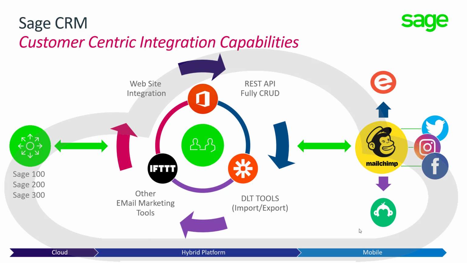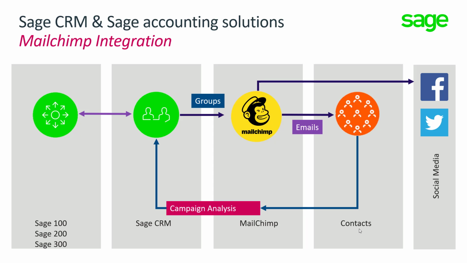And specifically, just thinking about this particular integration, the integration between Sage CRM and MailChimp, you can follow data all of the way from your Sage accounting system into Sage CRM and then onwards into the online campaigns as you create them, and how they are used within beautifully designed emails and social media posts that can then be tracked with those campaign results back into Sage CRM and ultimately back into the accounting system because we'll be creating new orders.